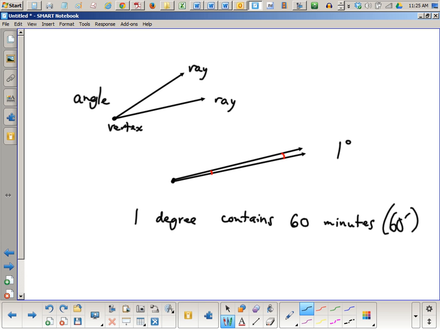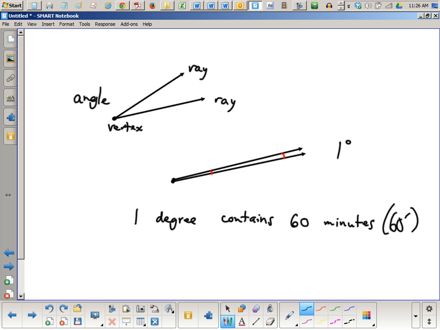What we're saying is, if you took this 1 degree angle, which is already quite tight, and you split it into 60 equal parts, they would be so small, right? Very minute. They're called minutes. Each one's called a minute. Just like we can take an hour and break it down into 60 minutes, we can take 1 degree and break it down into 60 tiny angles called minutes.